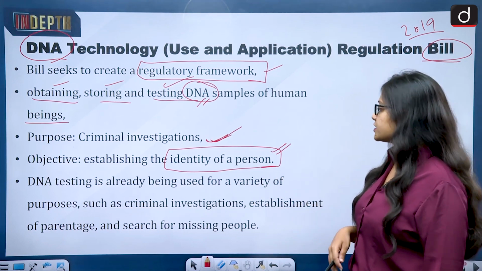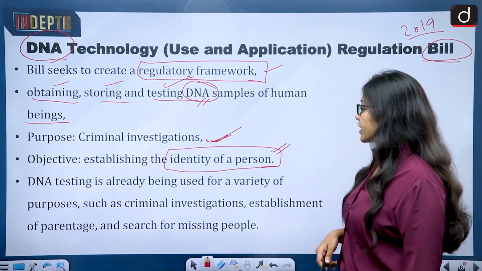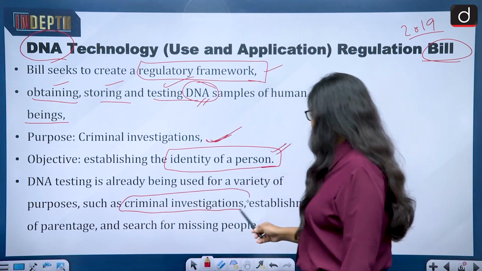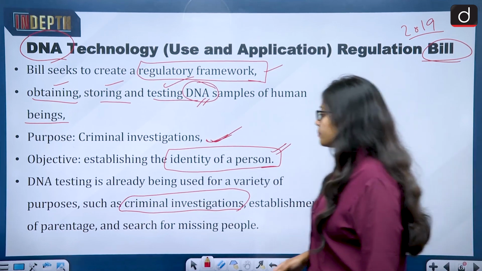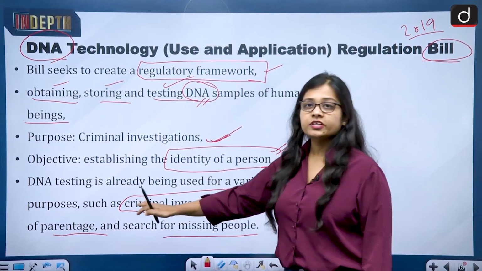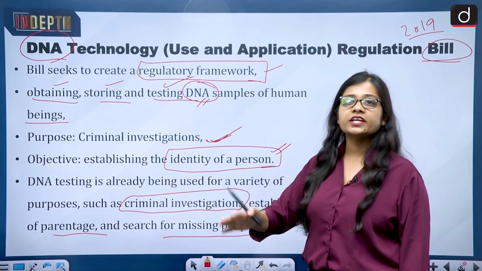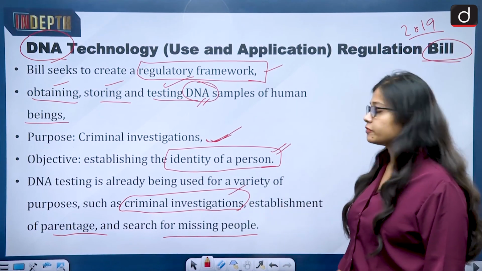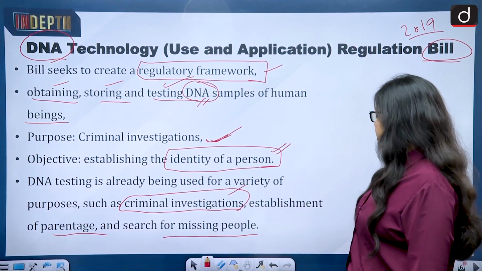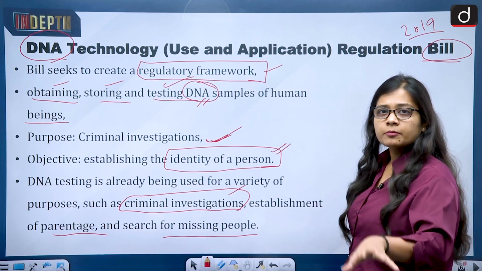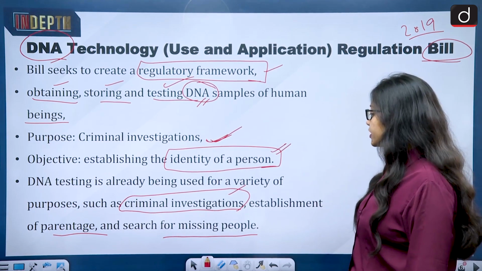DNA testing is already being used for a variety of purposes, such as criminal investigation, establishment of parentage and search for missing people. So these are a few of the aspects in which DNA testing has already been permitted: criminal investigations, establishment of parentage, that is about the children and the parent, and search for missing people.